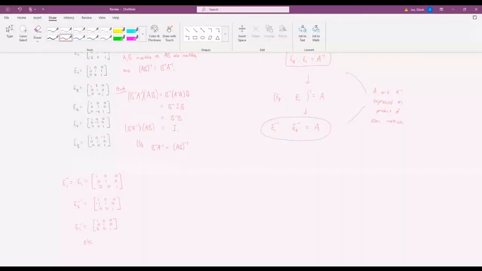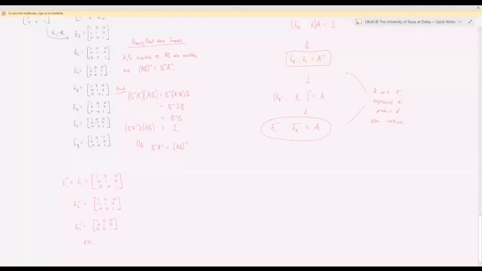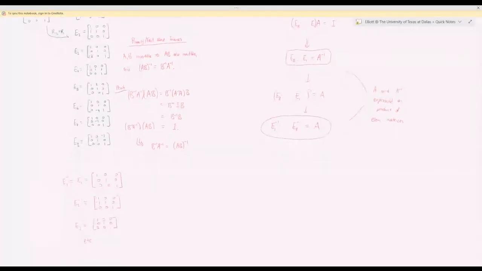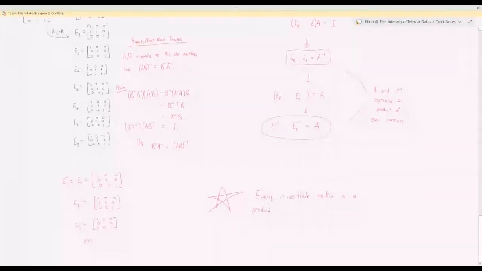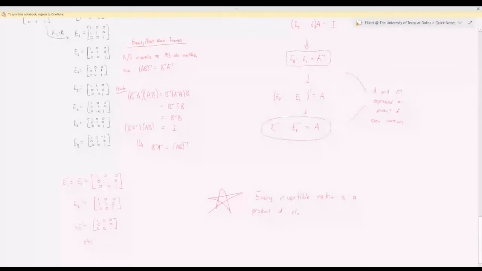Now, I guess the main takeaway from this example, probably the main takeaway, is that every invertible matrix is a product of elementary matrices.